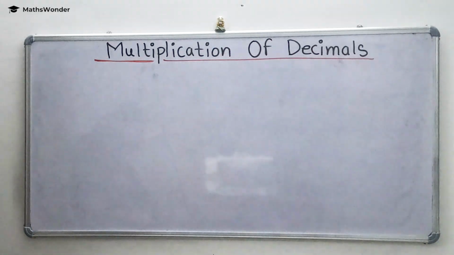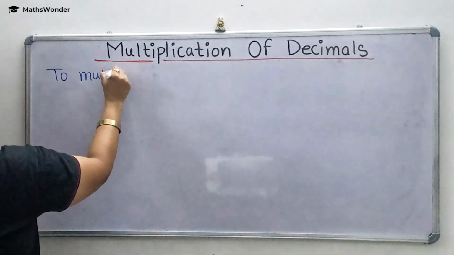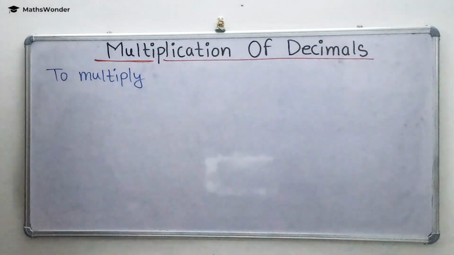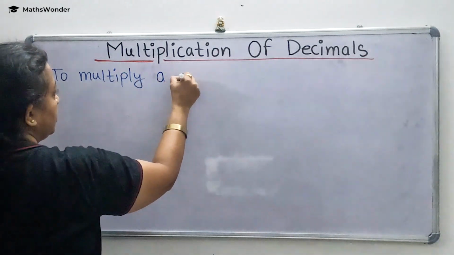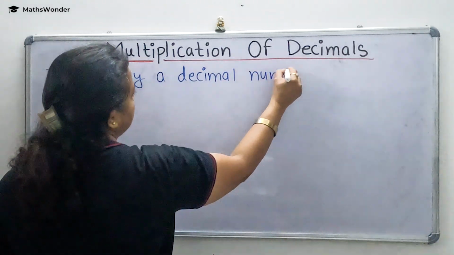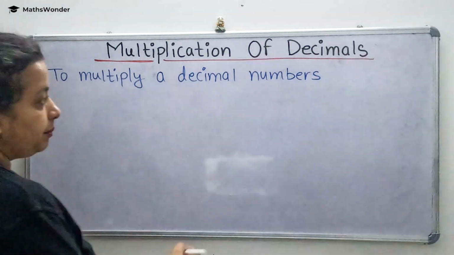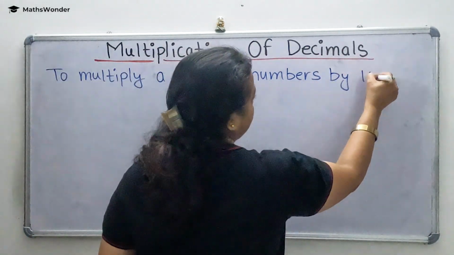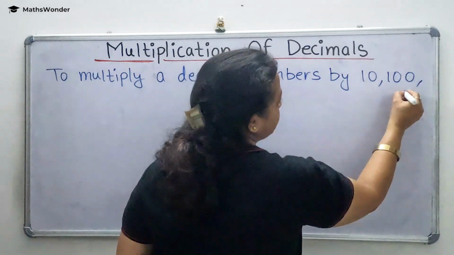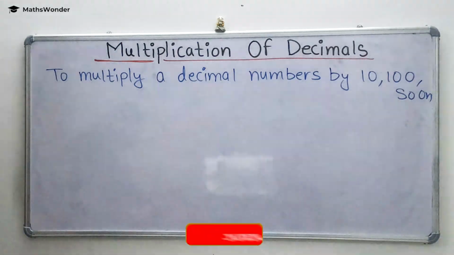So, to multiply a decimal number by 10, 100, 1000 and so on, how will you do it, okay? See the technique.